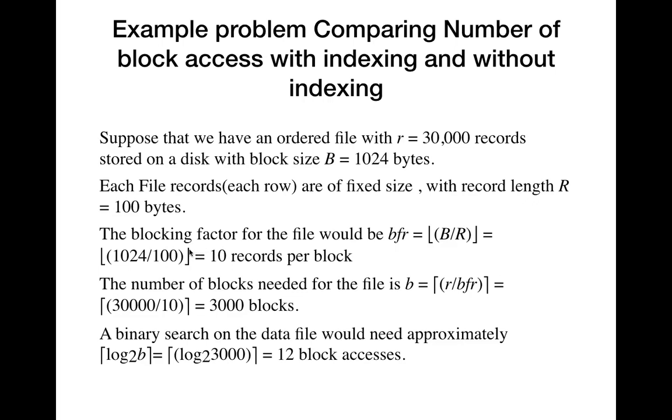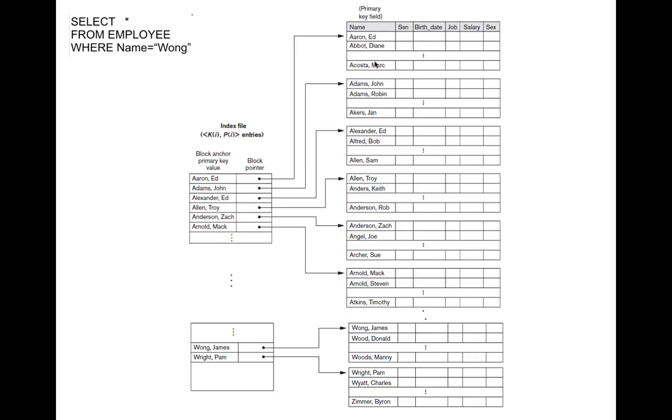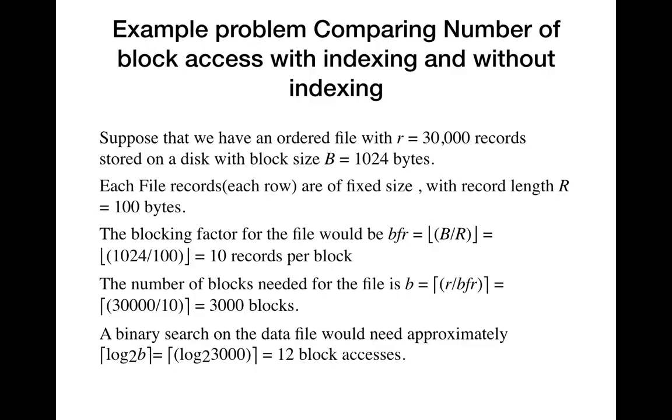So to take the whole number 10, we apply the floor function. Again, understand, a record is this particular row which is of 100 bytes. A block is this whole thing which is of 1024 bytes. So we can store 10 records per block.